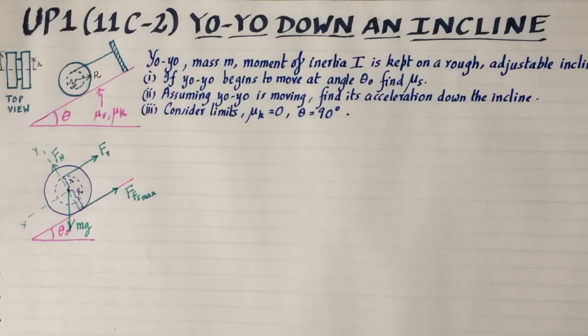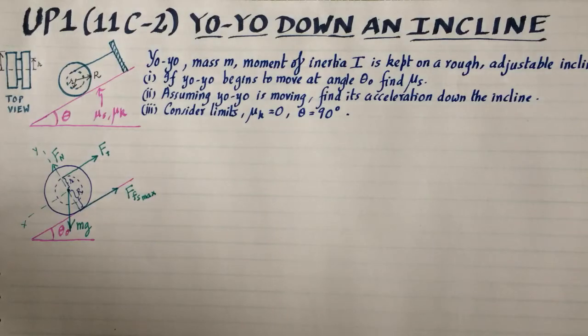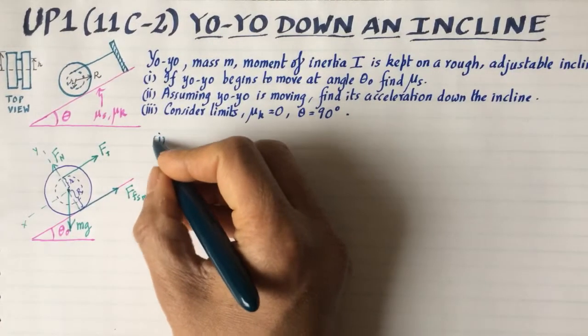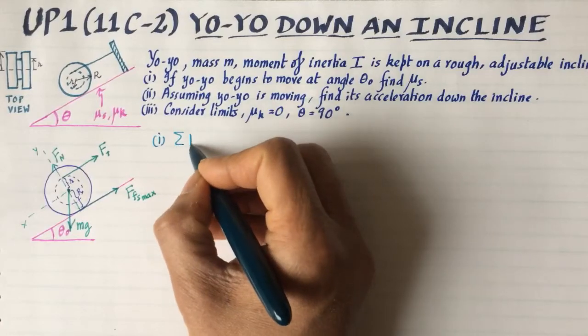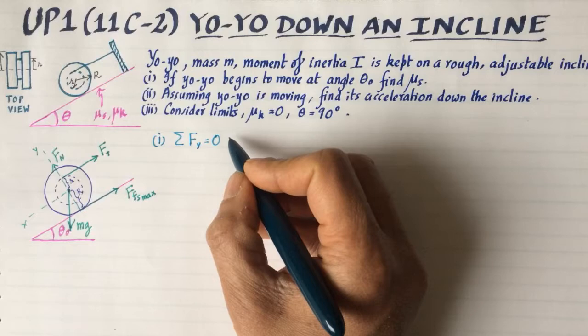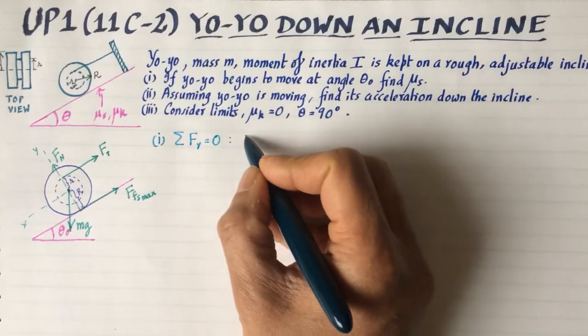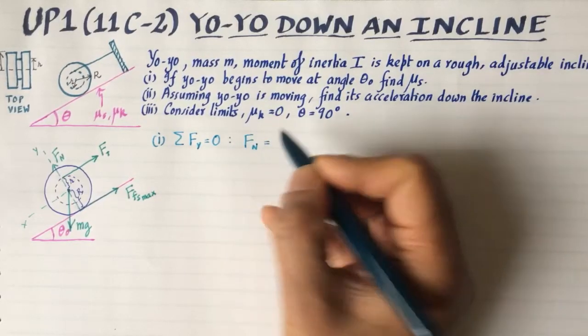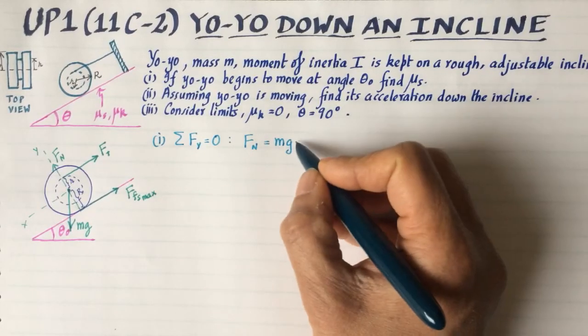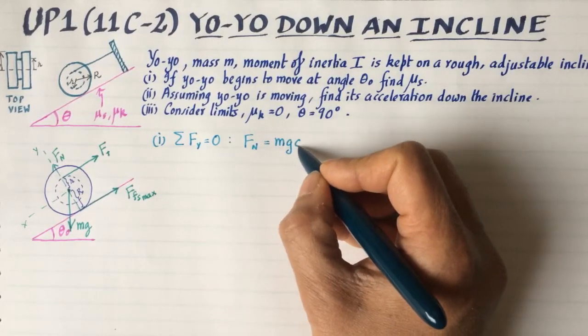Let us start by writing Newton's laws of motion. The sum of forces in the y direction is 0. This is going to be true for the second part also. Well, that tells me the normal force is equal to the component of gravity perpendicular to the incline, and that is mg cosine theta naught.